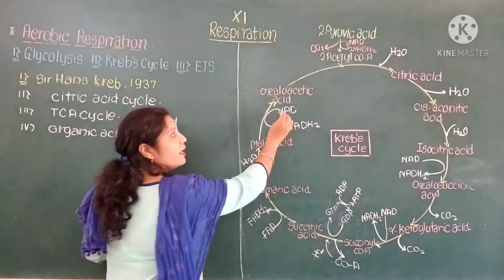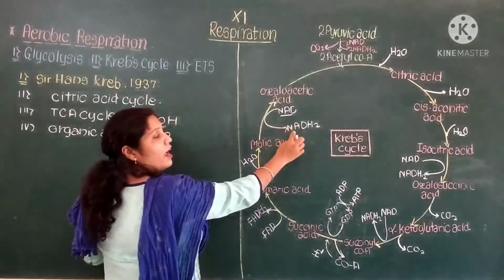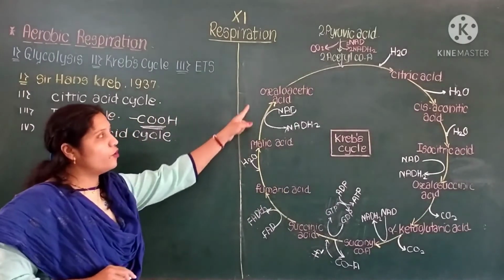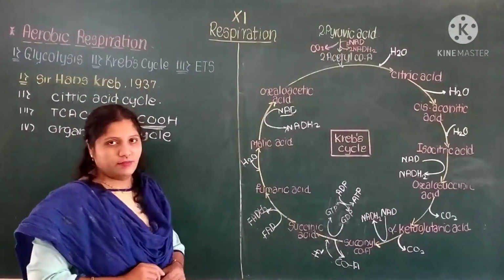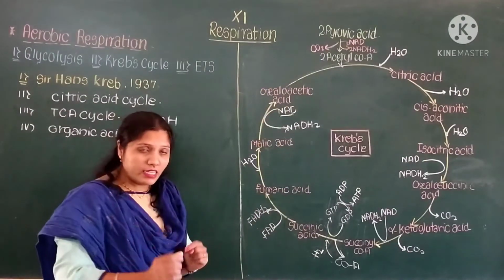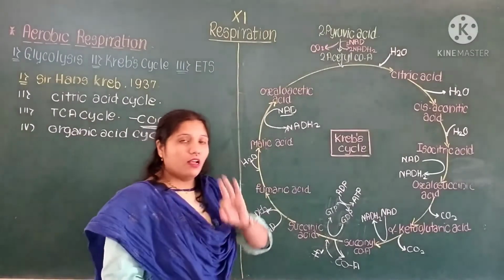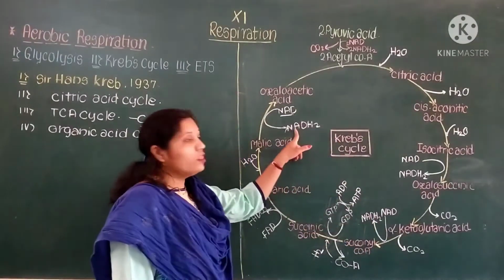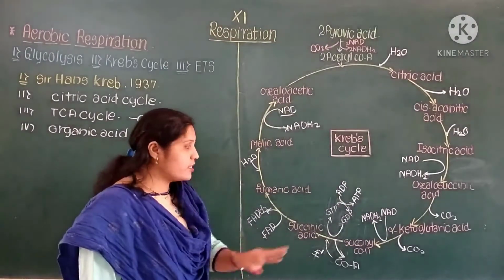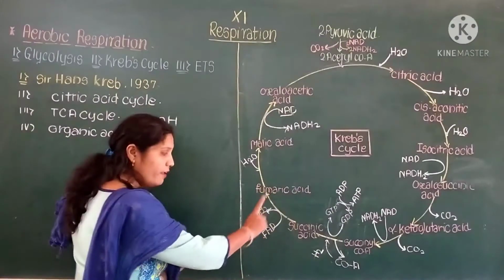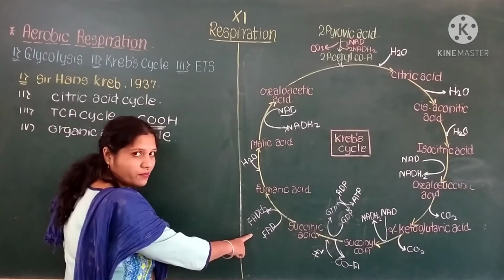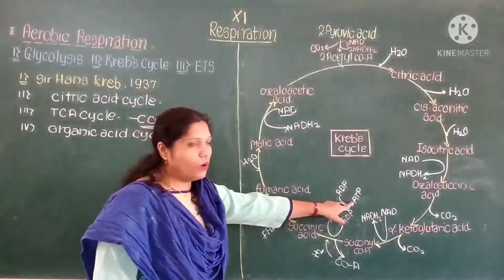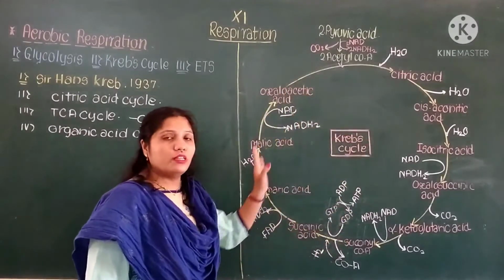This hydrogen is accepted by NAD and converted into NADH2, and then oxaloacetic acid is formed. In this cycle, if you observe, 1, 2, 3, three NADH2 are produced, only one FADH2 is produced, and one ATP is produced during this Krebs cycle.